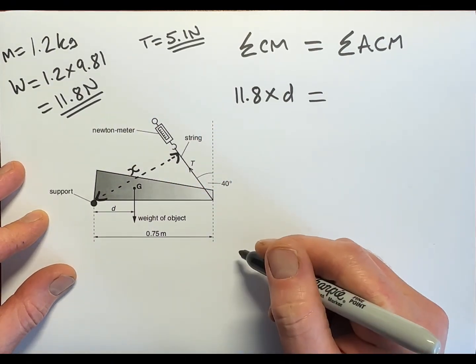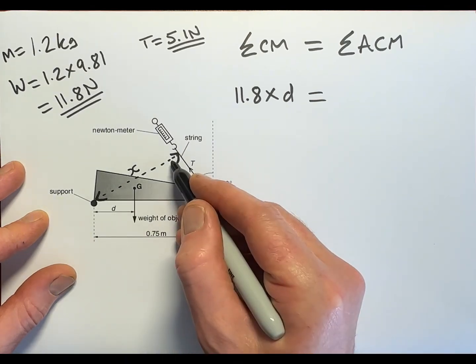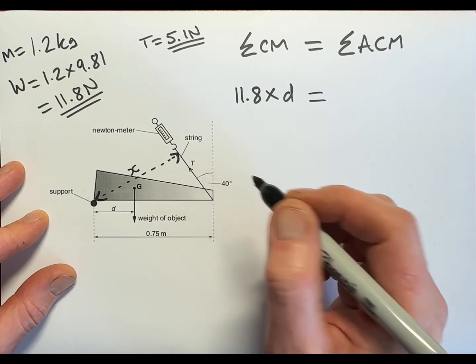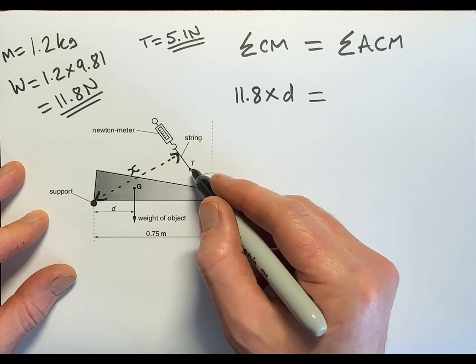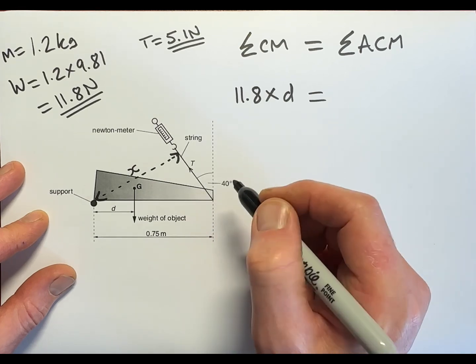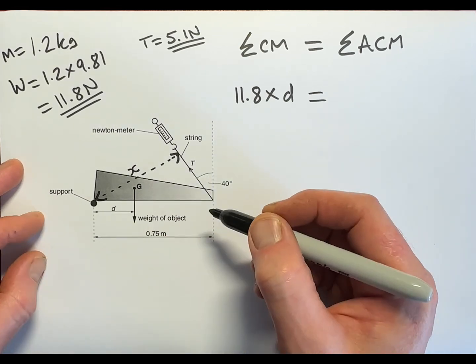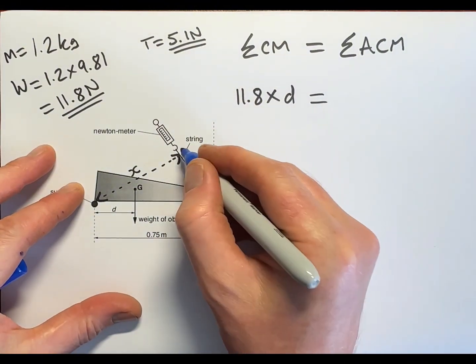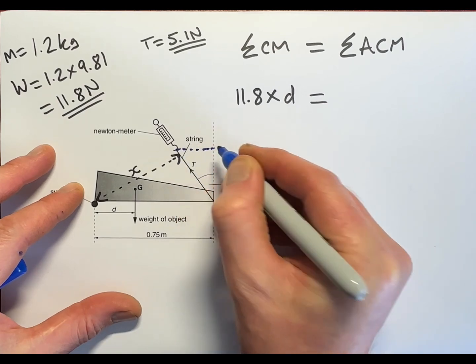We can either work out that distance x, or we can resolve this force into two components, and we're going to do it that way. This tension can be resolved into two components, which are perpendicular to one another.